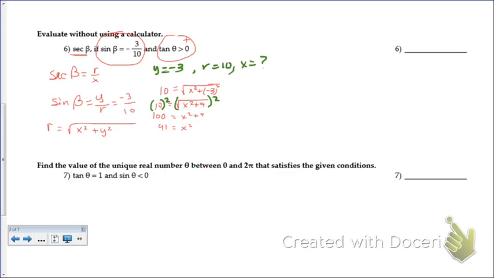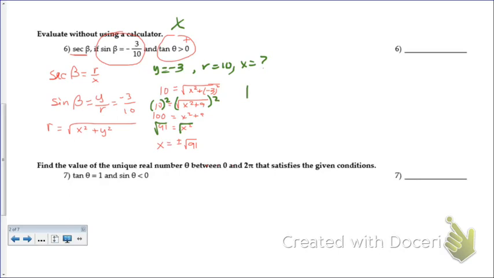And when I take the square root of both sides, what I actually get is x equals plus or minus the square root of 91. And it's plus or minus right now. I don't know if x is positive or negative. I'm going to use my second hint about tangent to figure out whether x is positive or negative.